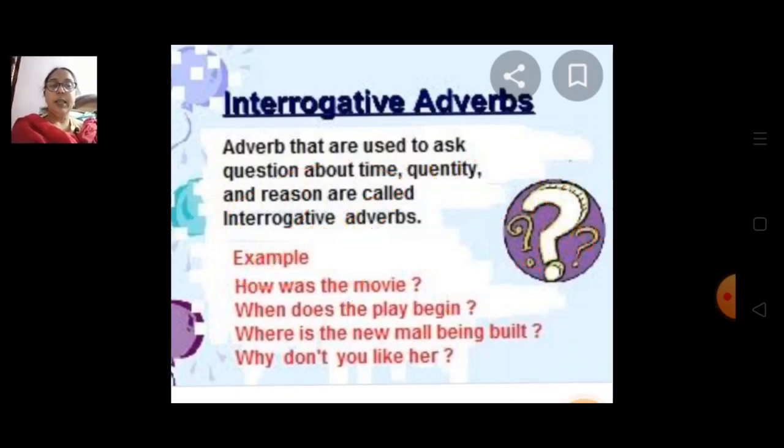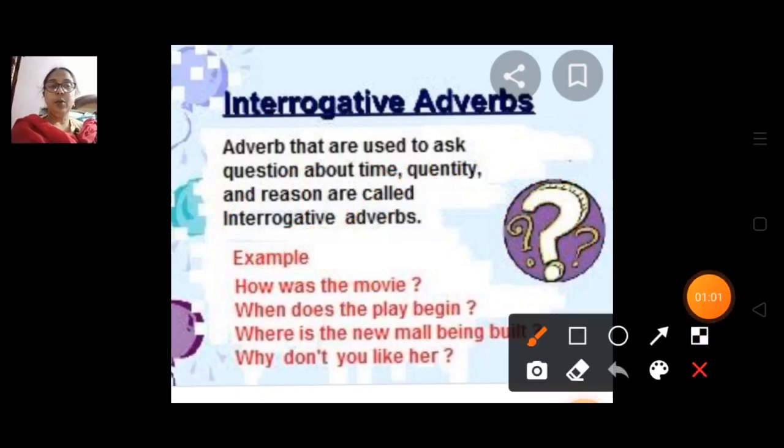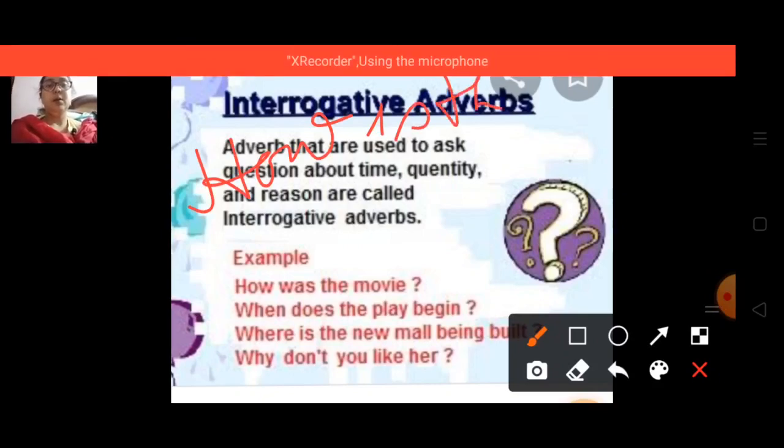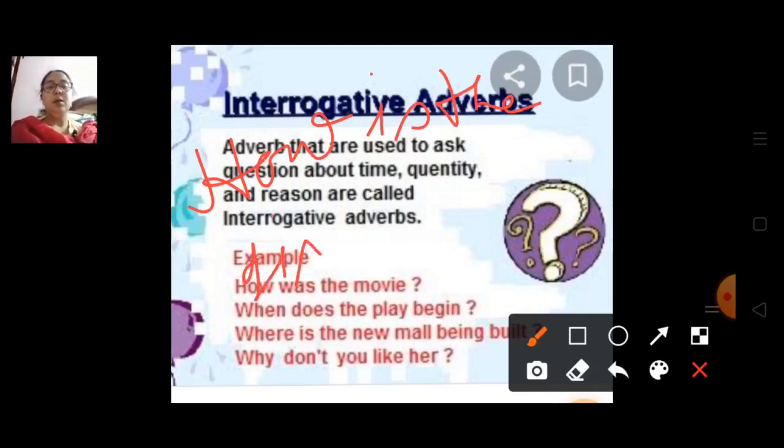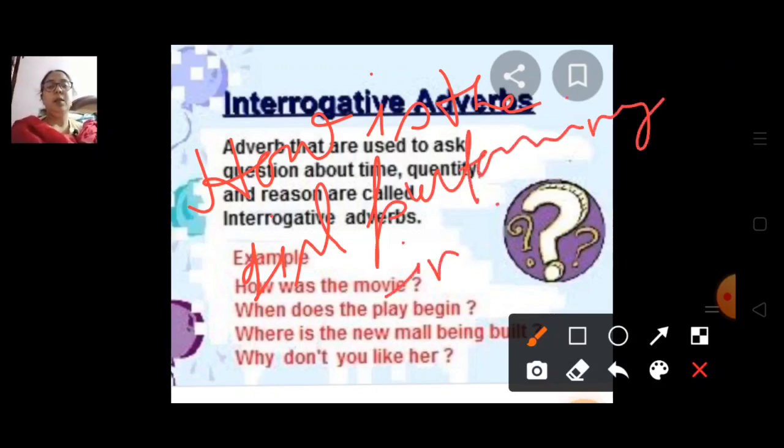Now, next example. How is the girl performing in academics?